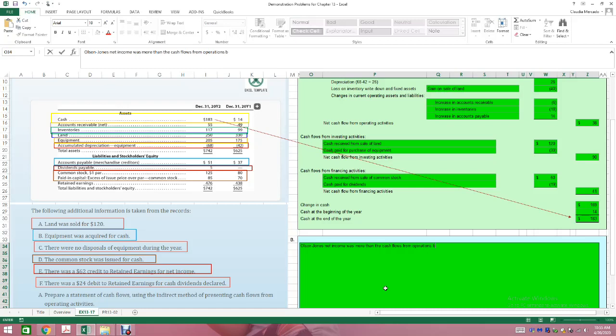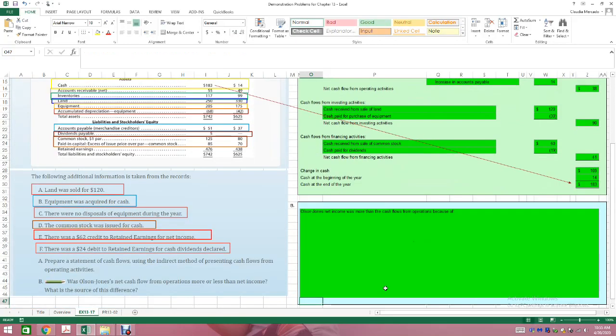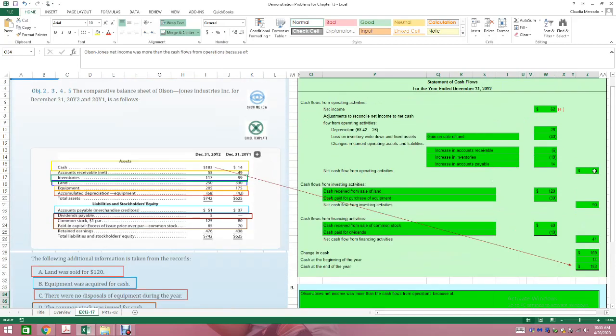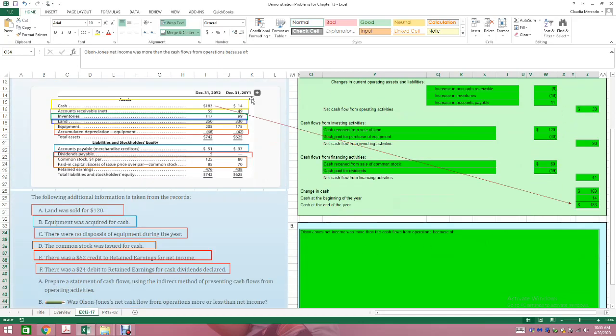okay? Because, and then we need to explain why. Am I spelling because correct? Yes, because of. So what caused the difference between my $38 and my $62? Well, this is what caused the difference between my net income and my net cash flow from operating activities. Okay?